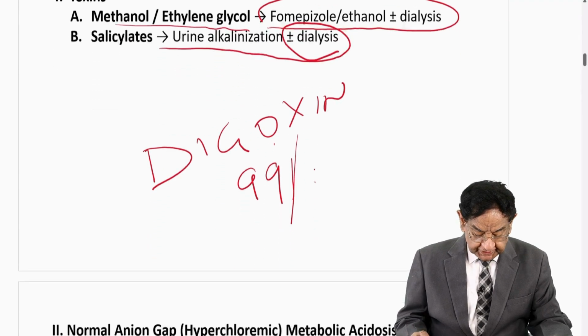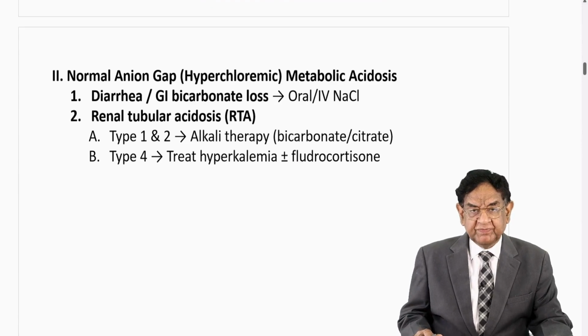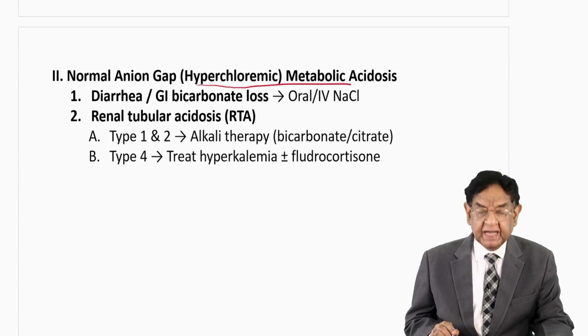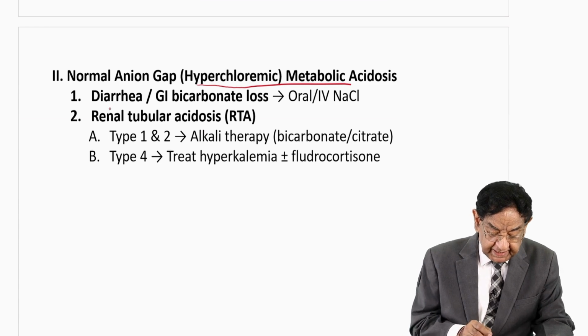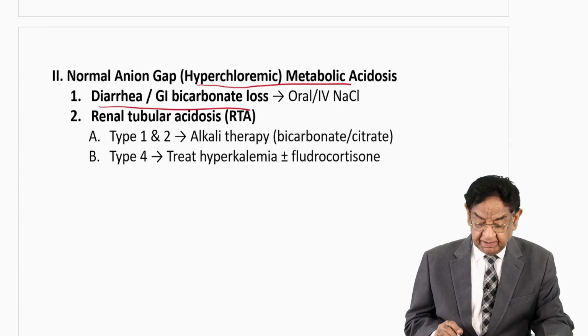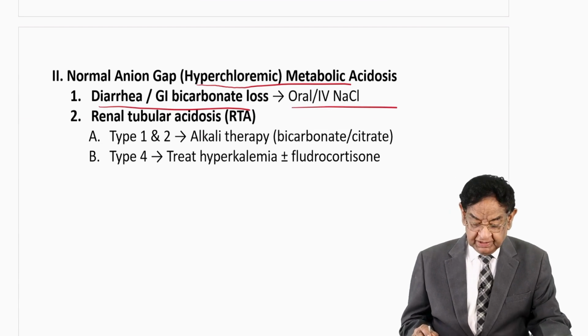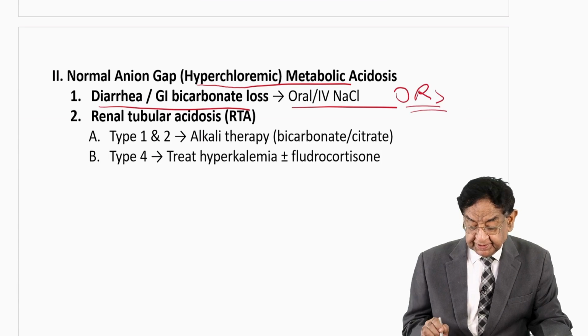Anyway, we move further. Now we talk about treatment of some conditions where we have normal anion gap metabolic acidosis, so-called hyperchloremic metabolic acidosis. Like in diarrhea, I told you there's loss of GI bicarbonate; the treatment everybody knows is oral or IV saline, or ORS to be more precise.